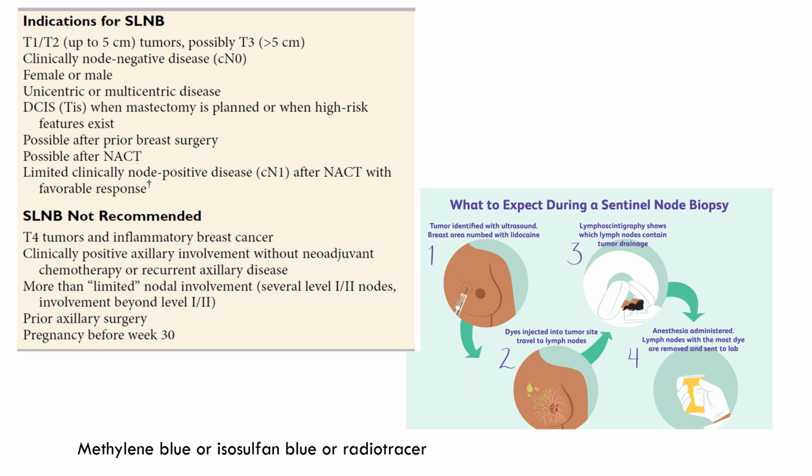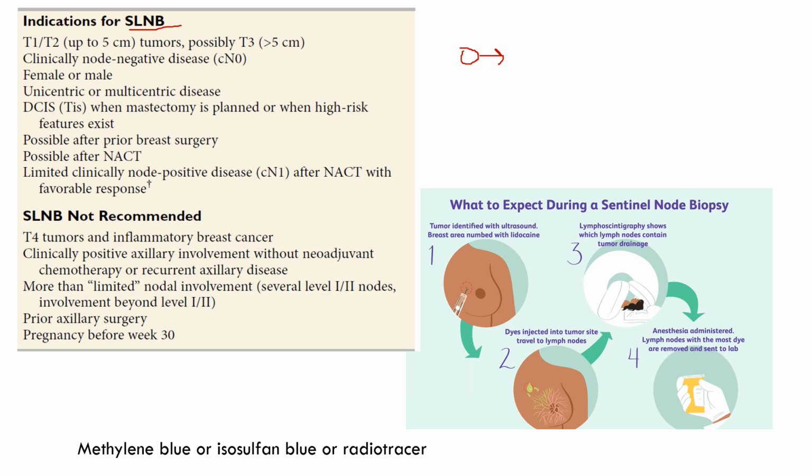Now a word on sentinel lymph node biopsy. So what is sentinel lymph node biopsy? We find a tumor. We have diagnosed the breast cancer. We have classified it into a different stage, or we have prepared for the treatment. But we don't know whether the lymph node is involved or not.